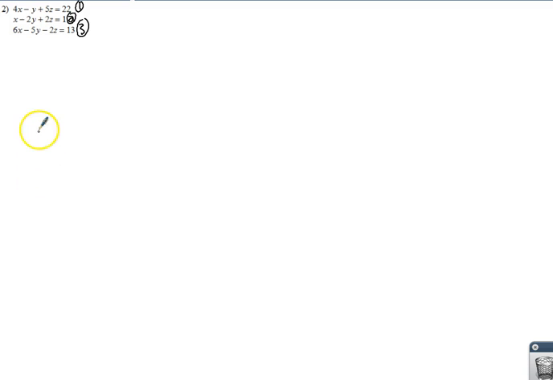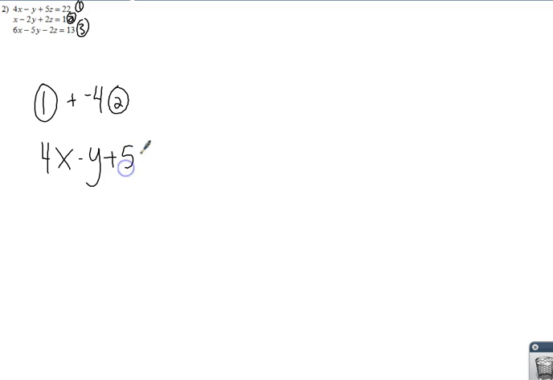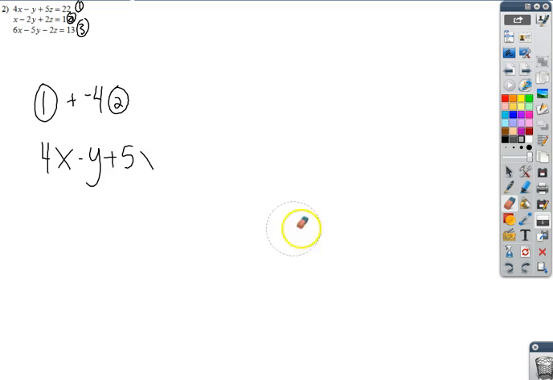Alright, so that's going to mean equation 1. I'm going to keep using equation 2 here. I'm going to add it to negative 4 times equation 2. So this is going to take a little bit to write out. Now again, you want to be very careful with your multiplication step here and make sure that you don't have any foul ups.